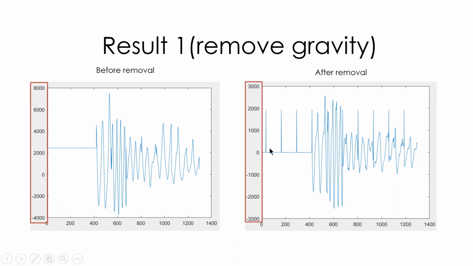After the removal, we can see the magnitude of the signal has shrunk, and it is centered at 0. Then we can see that the acceleration we don't want is reduced, and the signal we want is still there, and that's what we want.